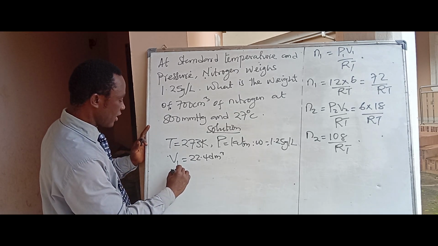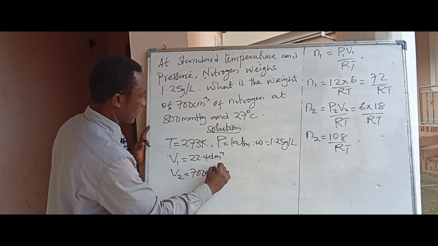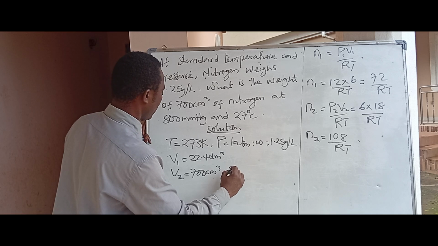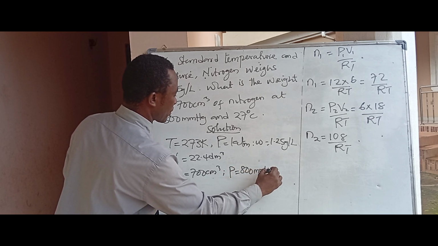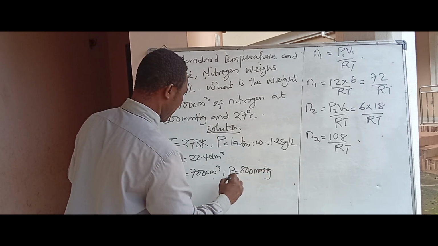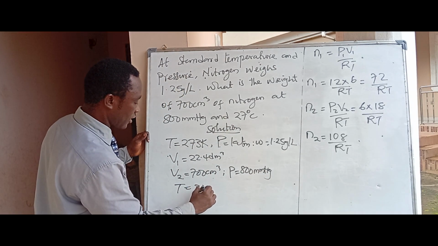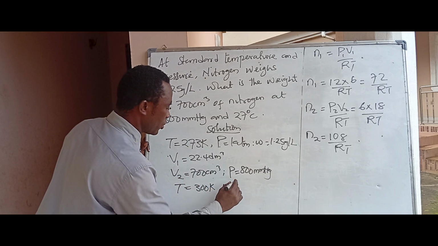Now they are saying at a volume V2 of 700 centimeter cube, and the pressure P at 800 millimeter mercury, and temperature T of 27 degrees Celsius, which is 300 Kelvin, we should find the weight W2.